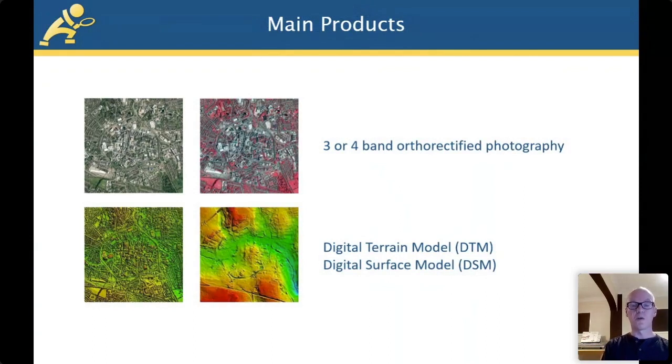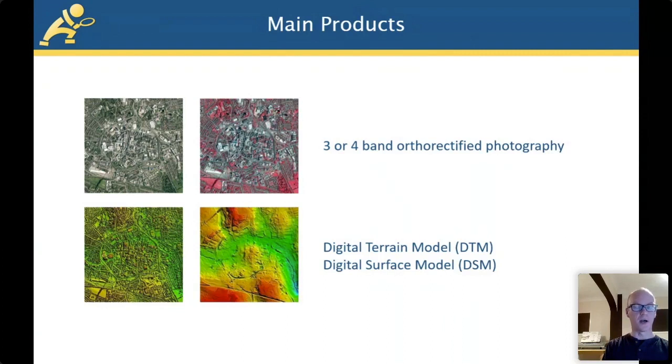And the ultimate goal is producing a 2D image that absolutely matches your mapping projection. So in our case, in the UK, we are creating data that matches the Ordnance Survey mapping grid. So we've got 4 main products that come out of the photography.